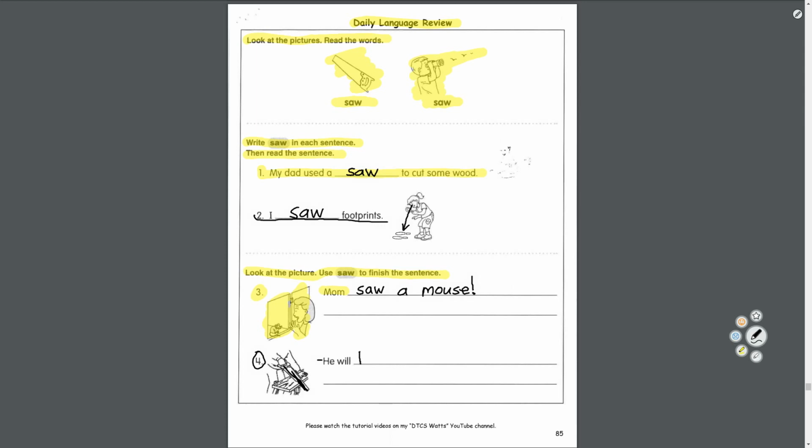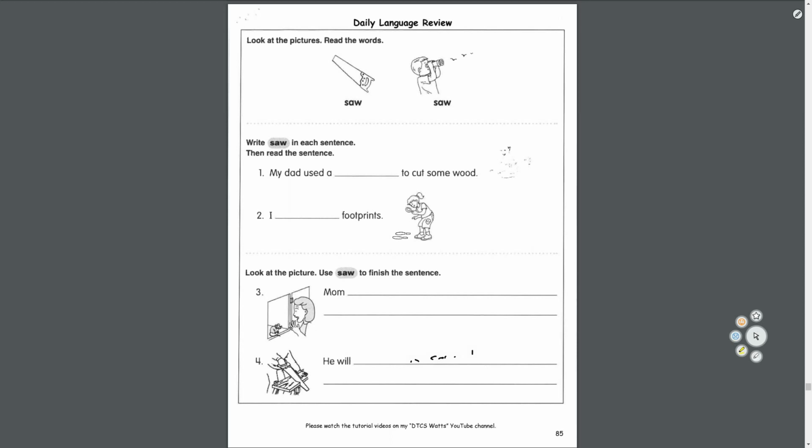He will use his saw to cut the wood. Period. Okay. So you can see saw can mean two different things. The tool for cutting some wood, or you saw something with your eyes.